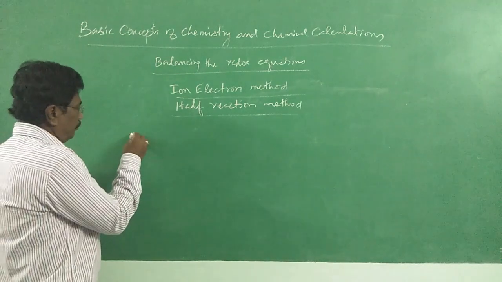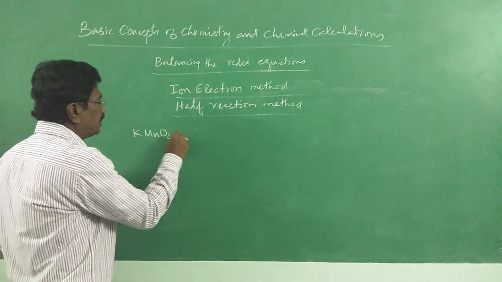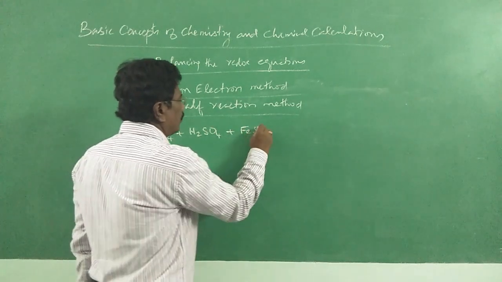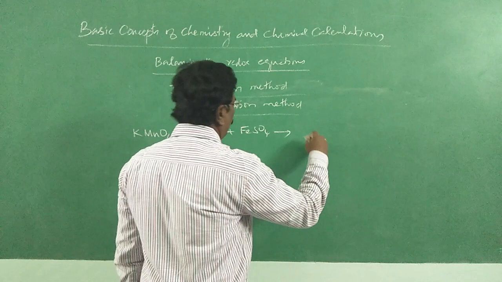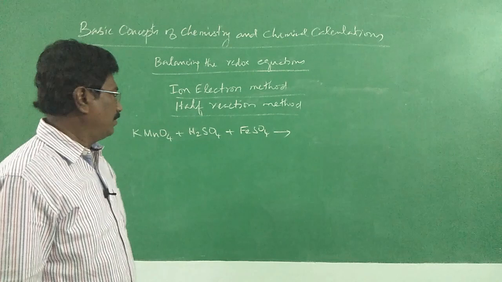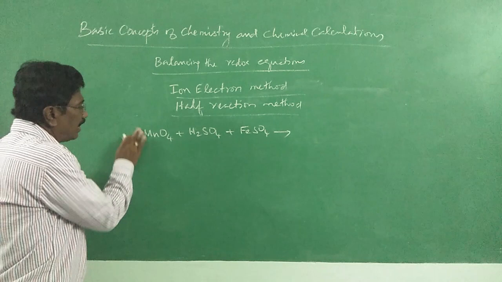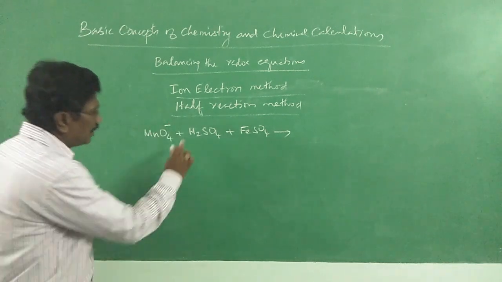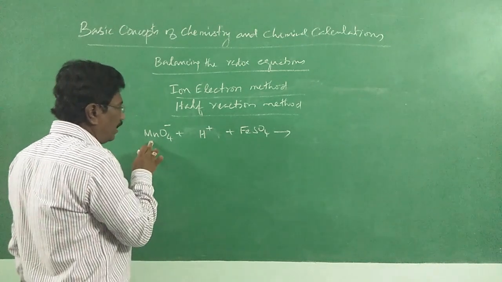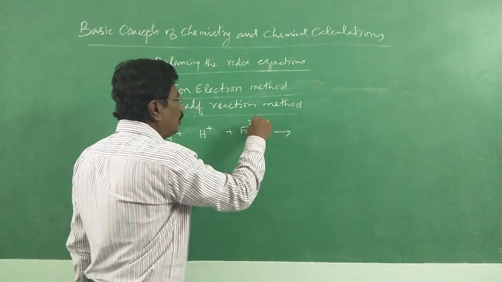Earlier we have seen oxidation of ferrous sulfate using acidified potassium permanganate to give ferric sulfate, potassium sulfate, manganese sulfate and water. The same reaction can be written in the ionic form as given here. Permanganate ion in the presence of acid, that is H plus, may convert ferrous ion into ferric ion.